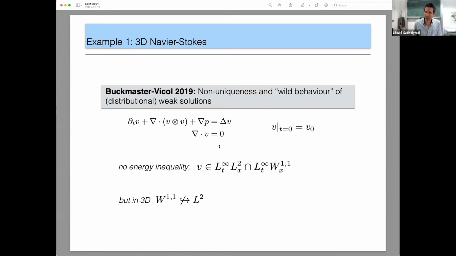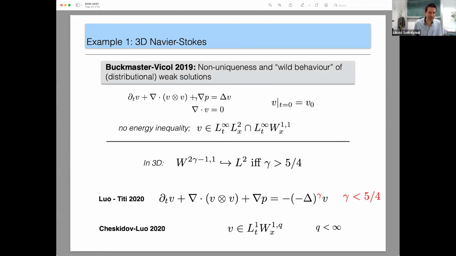To see that this is actually the main point, there have been a lot of other results of the same type. So, for instance, if you check in fractional Sobolev spaces, when you have embedding into L2, you require gamma equals 5/4. And indeed, Luo and Titi, soon after the Buckmaster-Vicol paper, generalized their result to the case of hyperviscous Navier-Stokes, where you have the power of the Laplacian, which has to be below the compactness range.